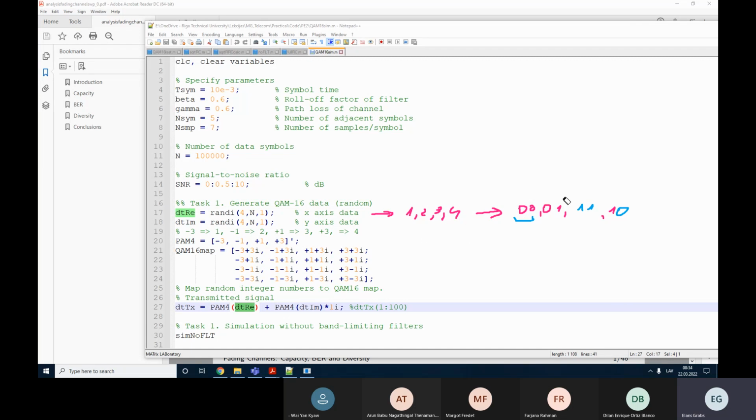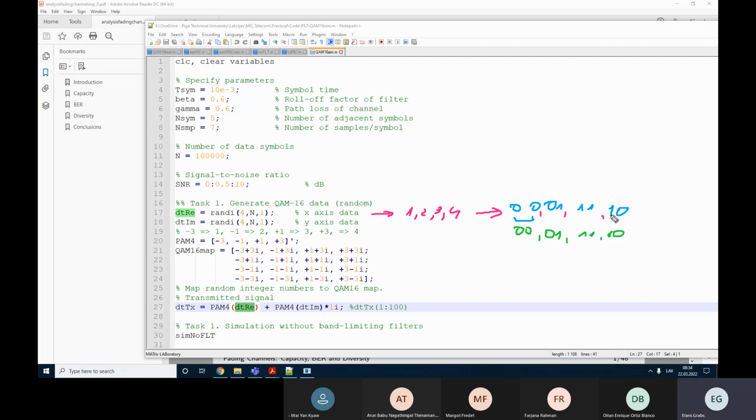I'm going to mark them in different colors. Here, 00, 01, and 10. Similarly for the imaginary part, 00, 01, 11, and 01.